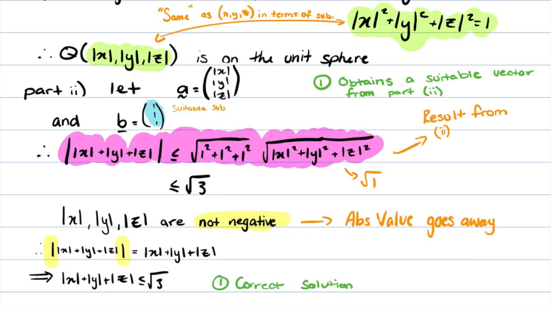We know that these three values are not negative, so therefore the overall absolute value can go away, therefore leaving us with the absolute value of X plus the absolute value of Y plus the absolute value of Z is all less than or equal to 3. This is where we get our final mark for the solution.